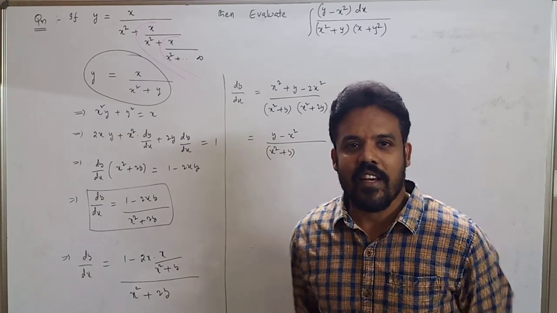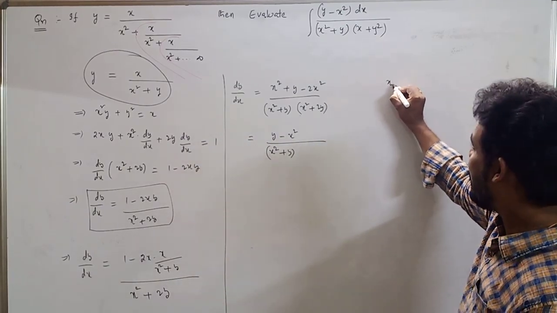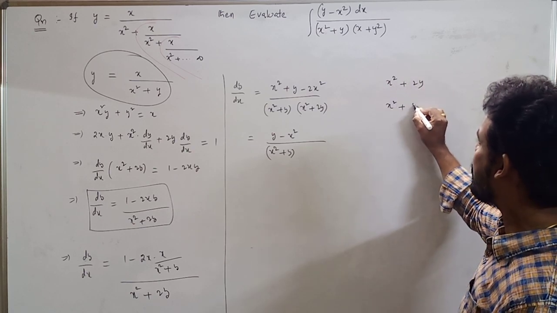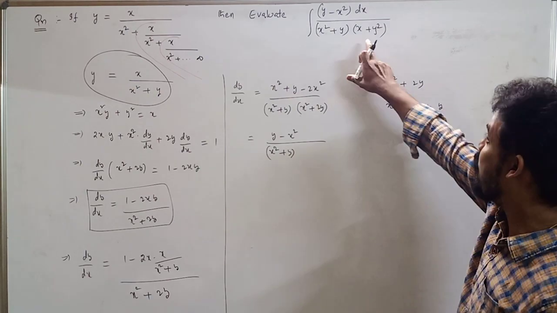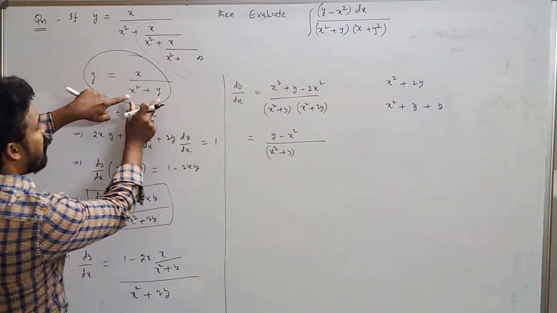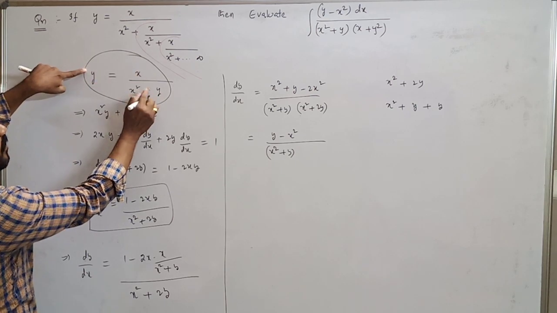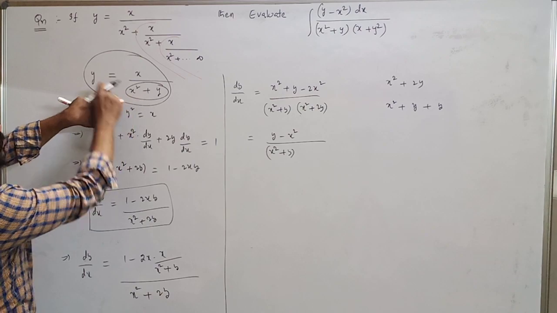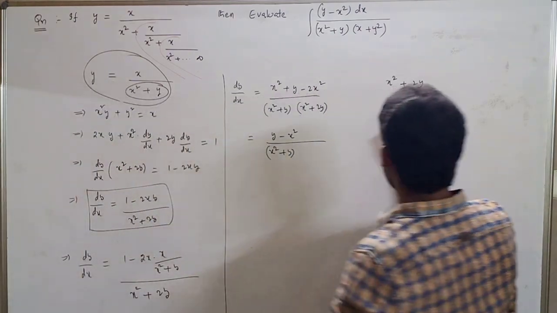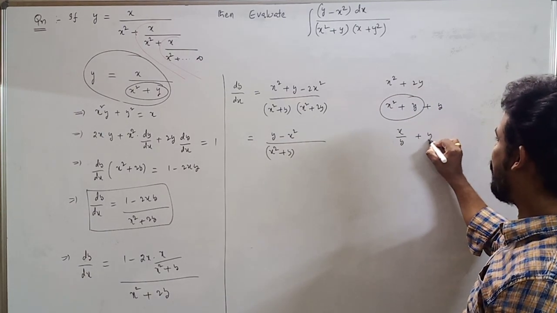For that, I will write x square plus 2y as x square plus y plus y. From the question, x square plus y is equal to x by y.